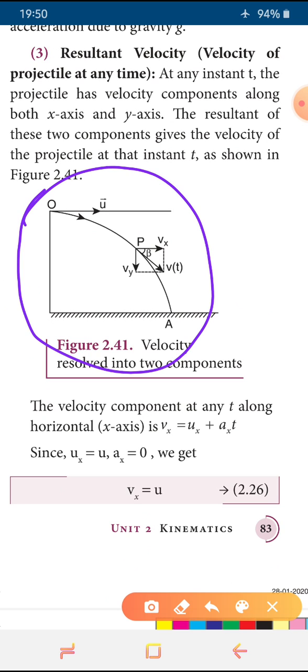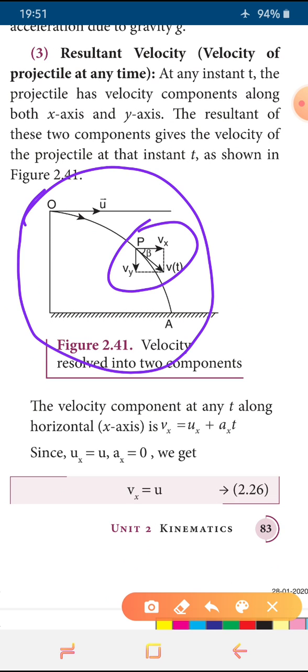So we are going to find out the velocity of the projectile at any instant, so we are choosing a particular point P. At that point P we are considering the x and y axes, and here the horizontal velocity and vertical velocity are taken, and for the velocity component at any time along the horizontal x-axis we can use the formula v is equal to u plus at.